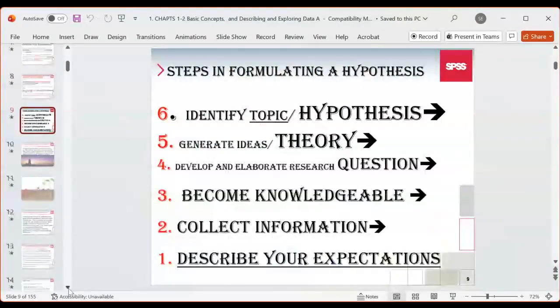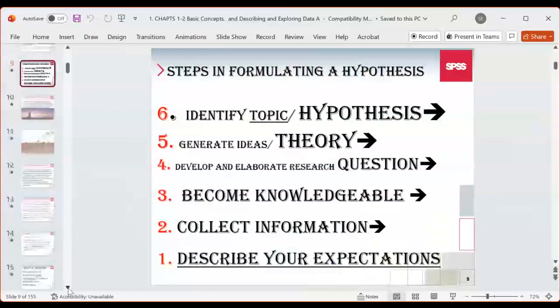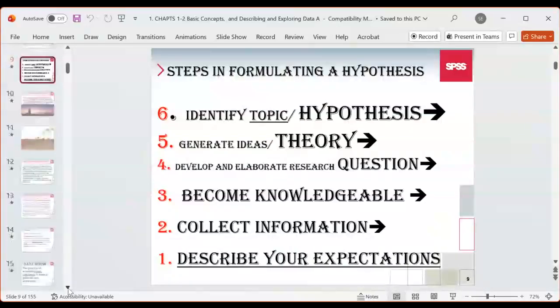And briefly, I'm going to talk about your research, give you some idea to start thinking about your doctoral dissertation topic. So again, I've been teaching this, stats and research, in different universities for 20 years.